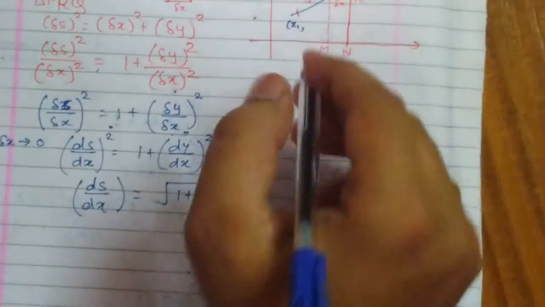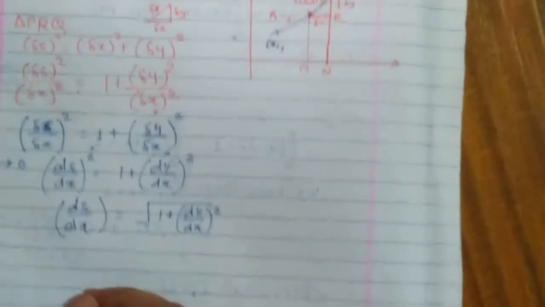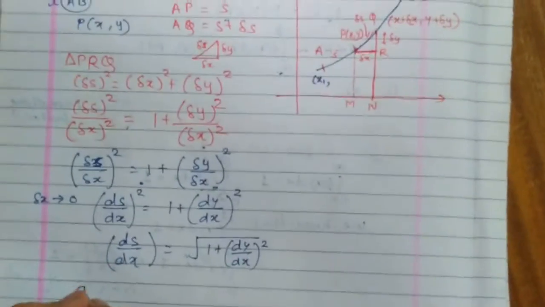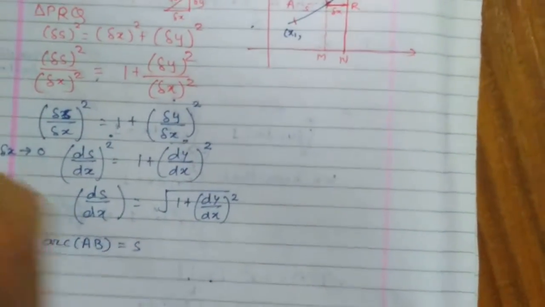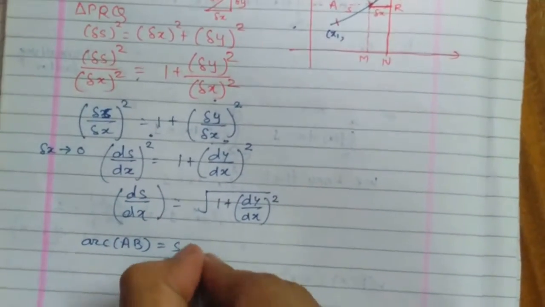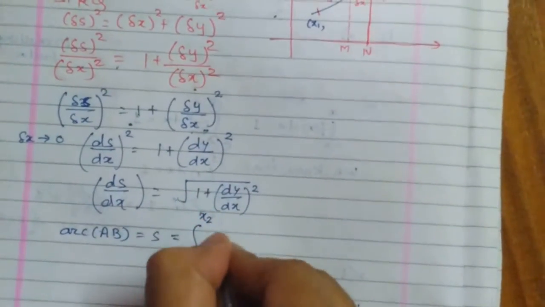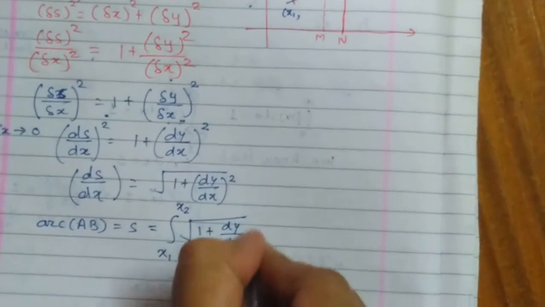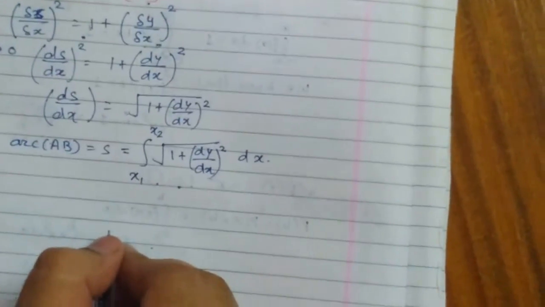I want to measure the length from the point A to the point B. Suppose the arc AB is called the distance s. Then by integration, this length is given by the integral from x1 to x2 of square root of 1 plus (dy by dx) square, integrated with respect to x.